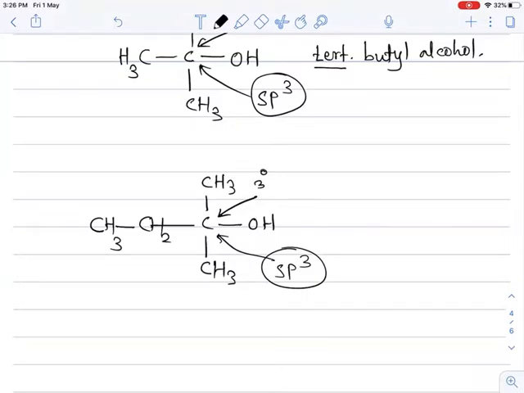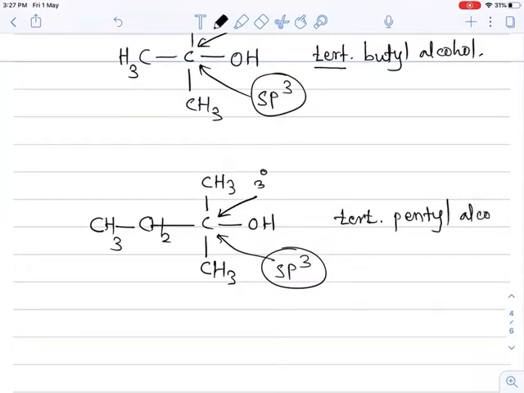So the name for this alcohol is, to the tertiary carbon the OH group is attached, and in this molecule there are 5 carbon atoms present. So it is tertiary, TERT, tertiary pentyl alcohol.